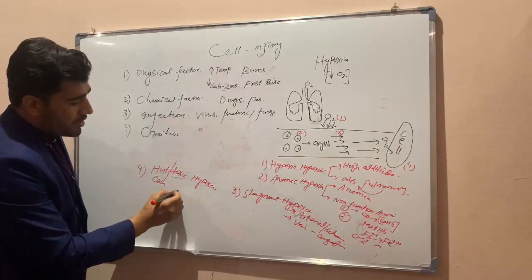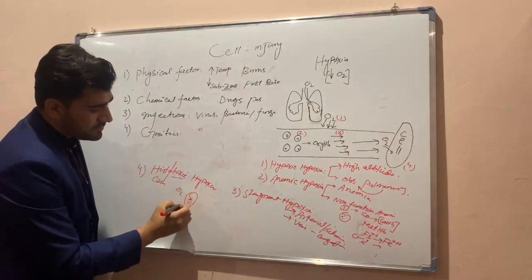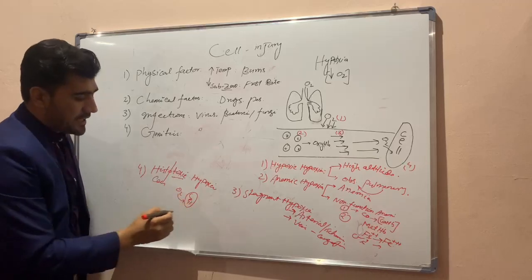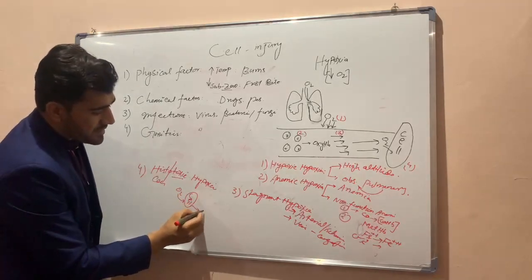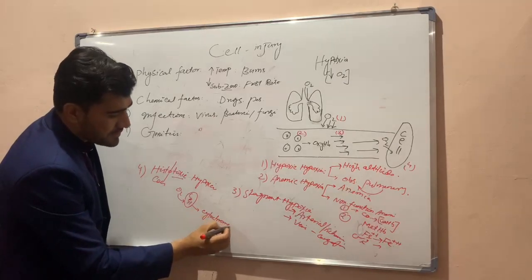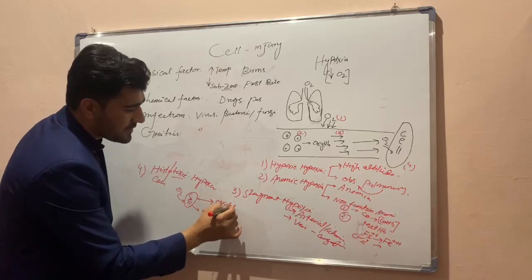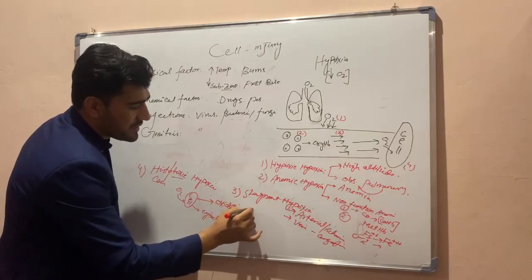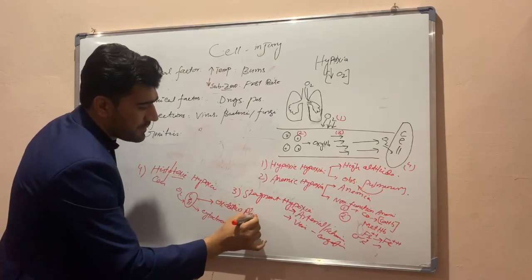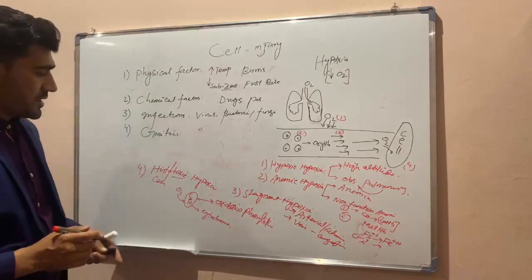The normal oxygen utilization by the cell in the presence of the cytochrome is called oxidative phosphorylation.